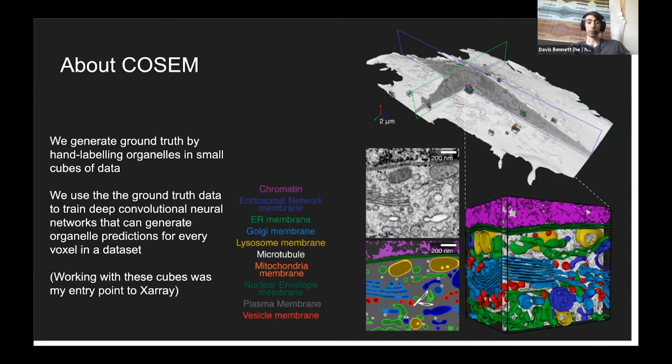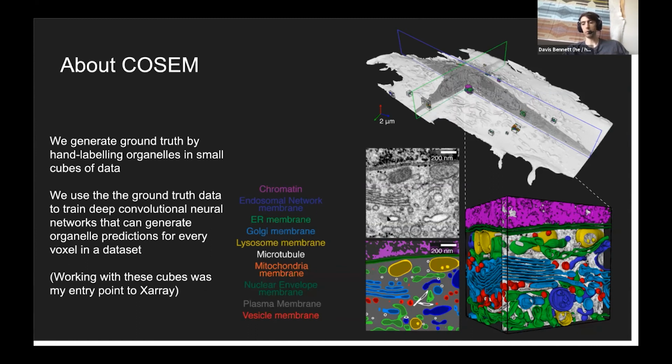So how does this work? We take a large EM data set and then generate ground truth data for training the models by isolating little cubes of the data. And so this is what a slice through one of those tiny cubes would look like. This is what the whole data set would look like with cross sections rendered. And these are all the little ground truth cubes.